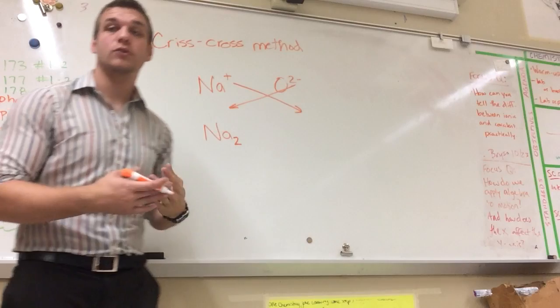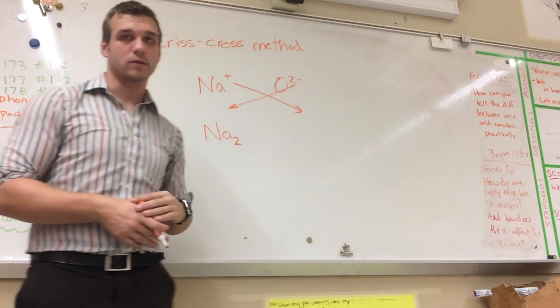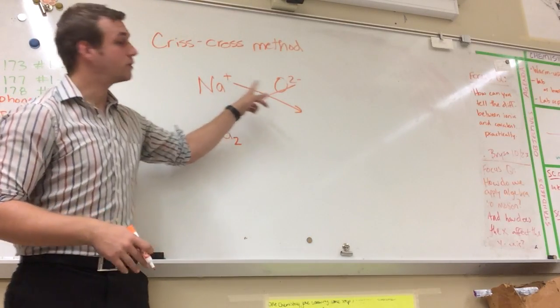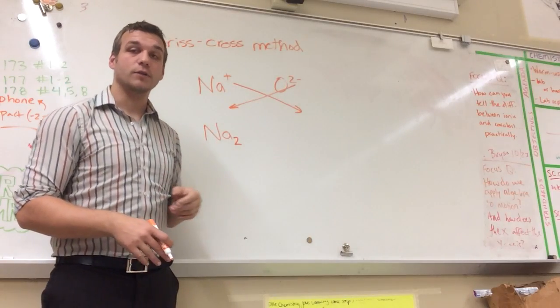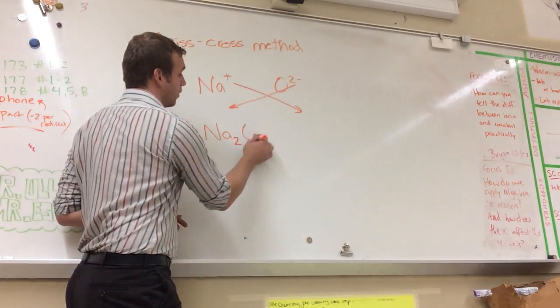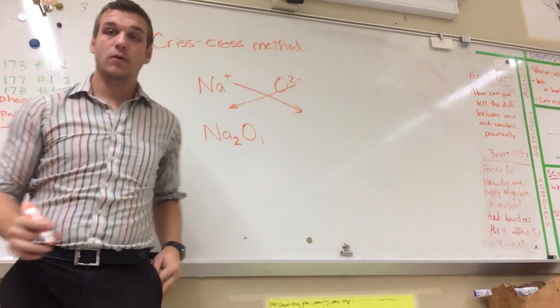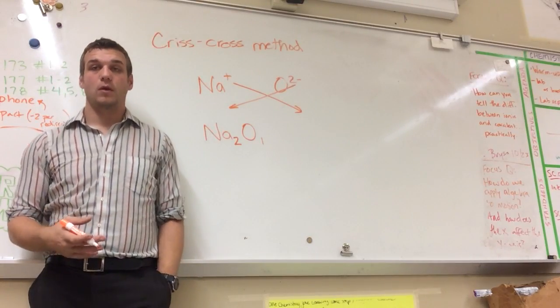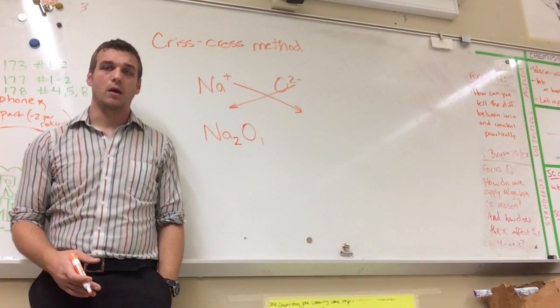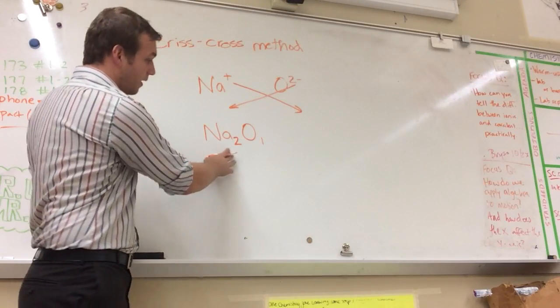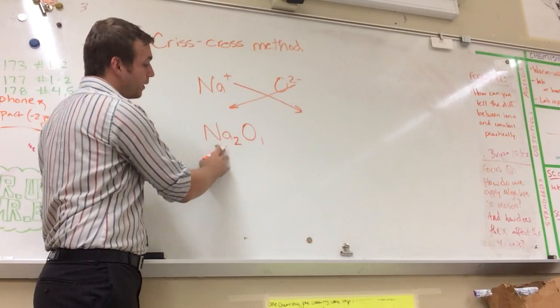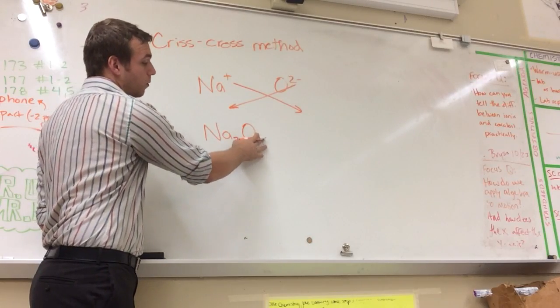Anytime that just has a plus or minus, it means 1+ or 1-. That number goes to the bottom of oxygen. So O, and then 1. Okay, you don't have to write the 1, that's up to you, but it's not wrong to write the 1. You can either say it's Na2O or Na2O with a 1.